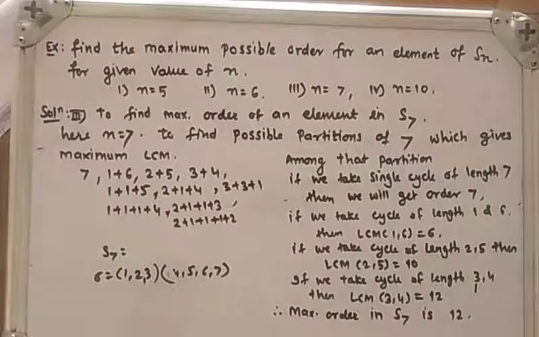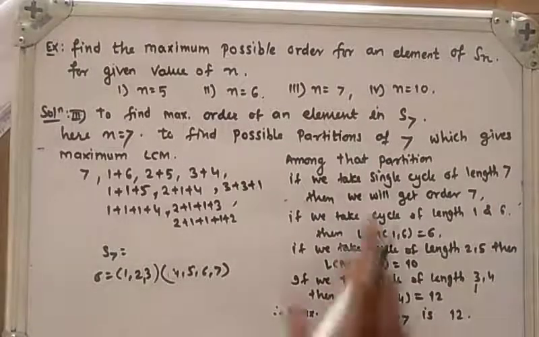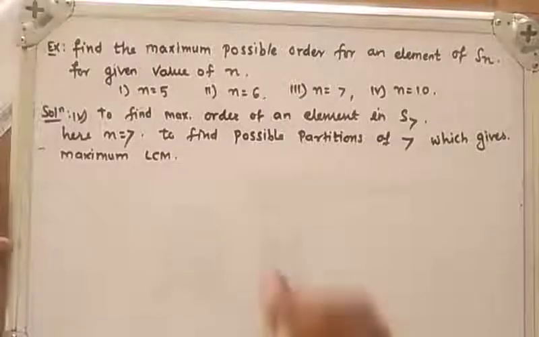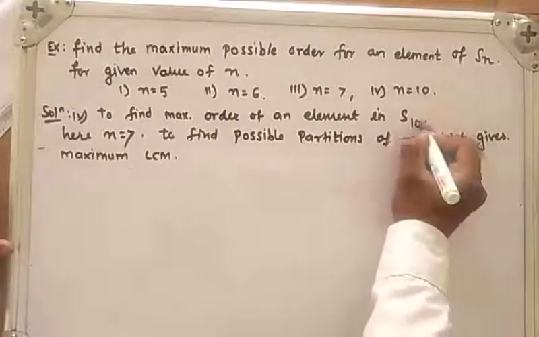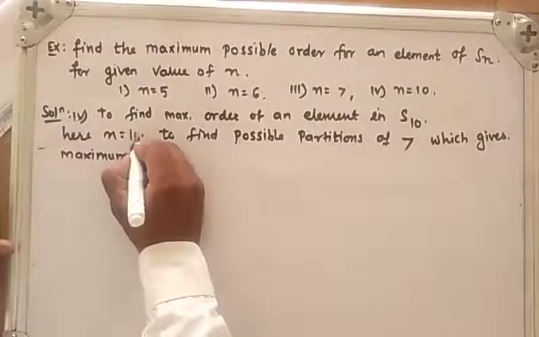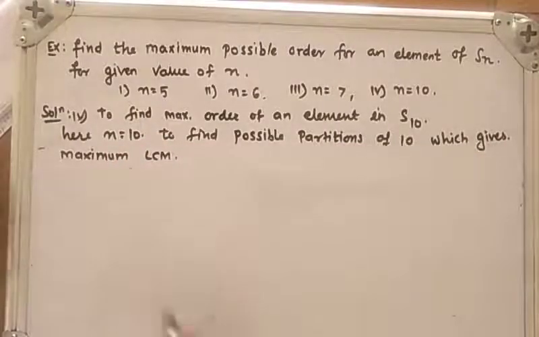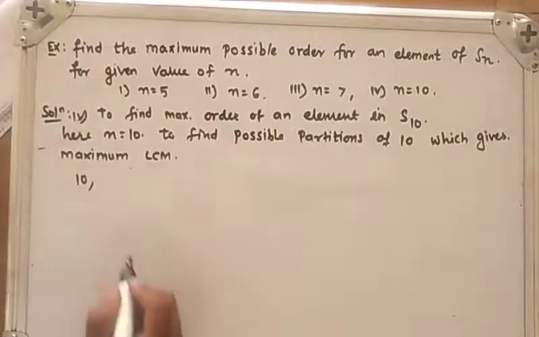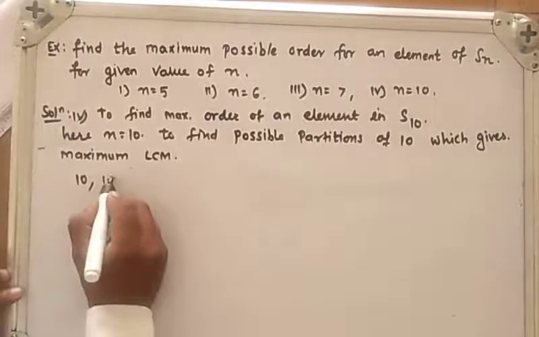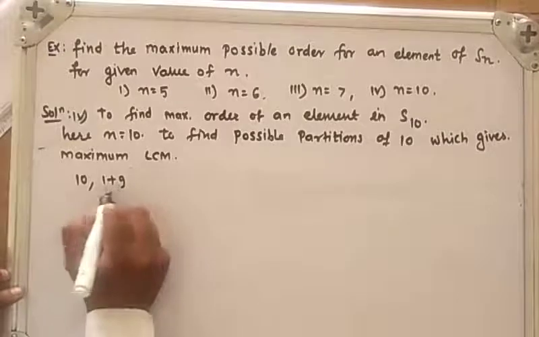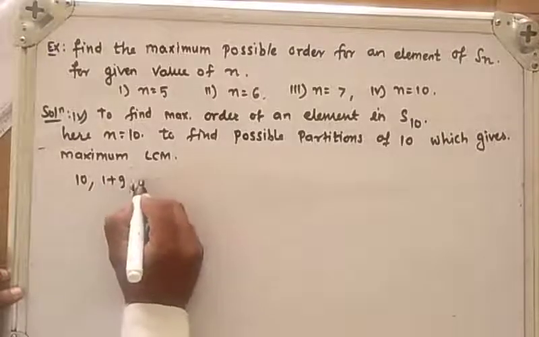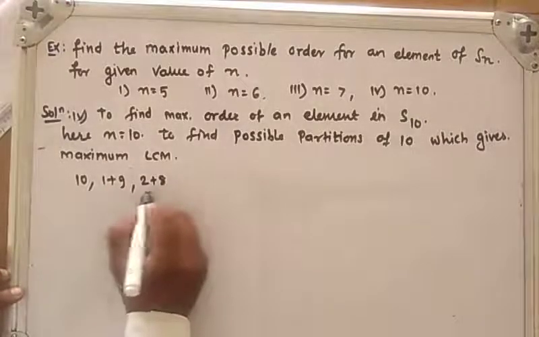Now next, find the maximum order in S10, the last one. Here n is equal to 10, so find the partition of 10 which gives maximum LCM. 10 can be written as 1 plus 9, so the LCM will be 9. Here I will write 2 plus 8, so the LCM will be 8.